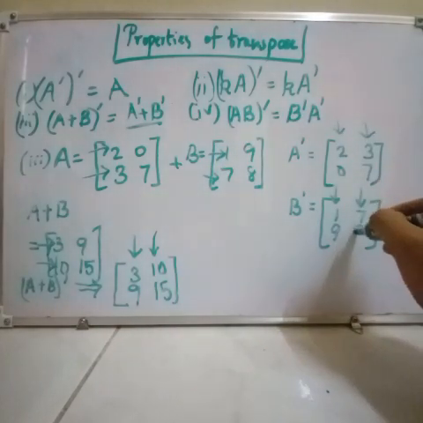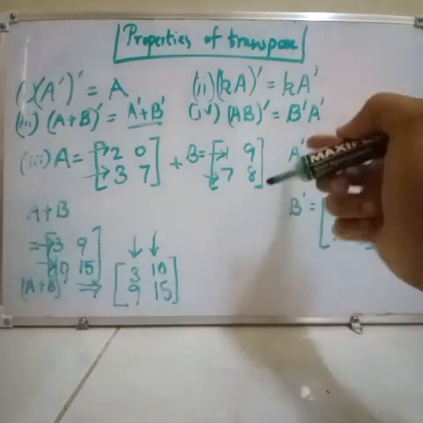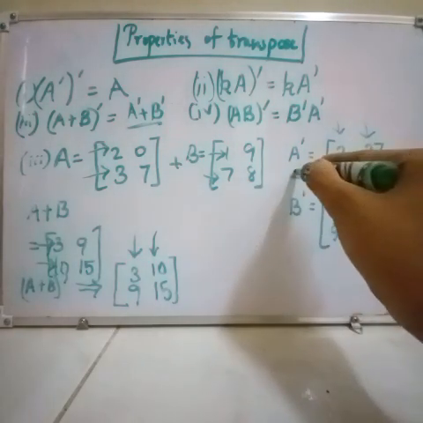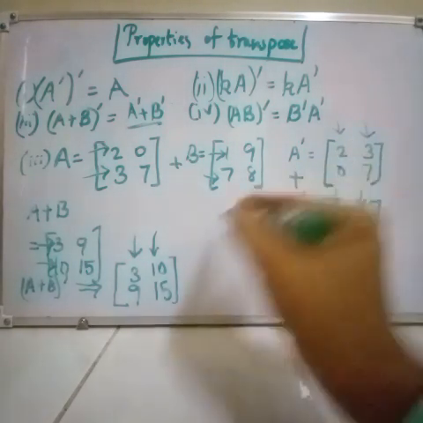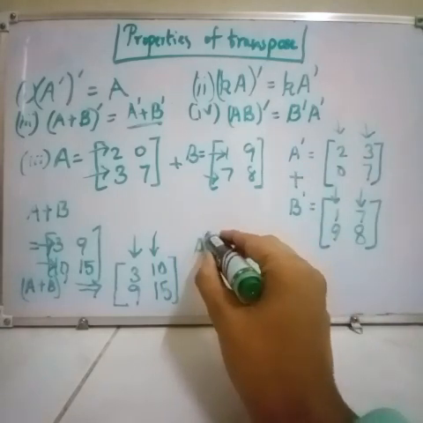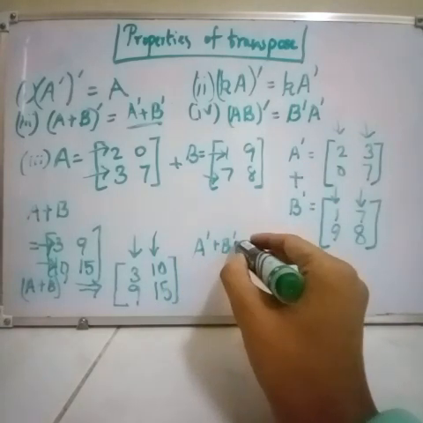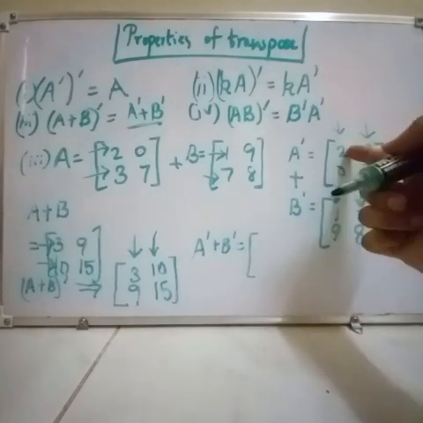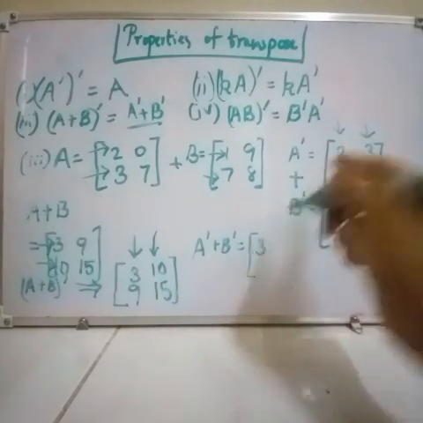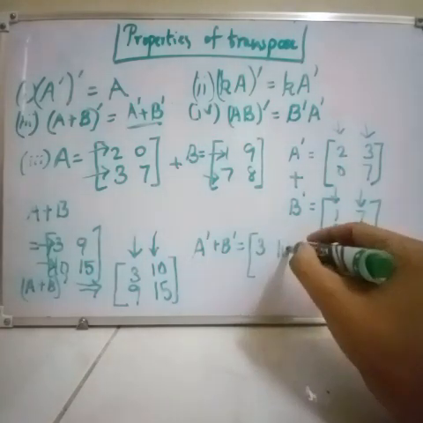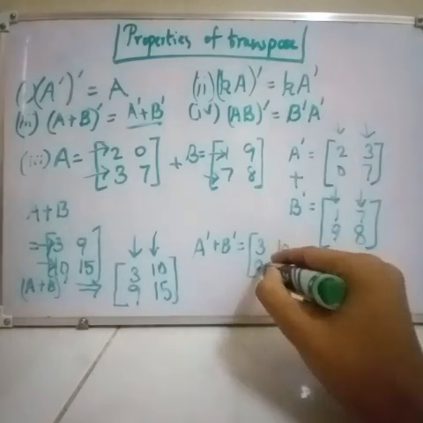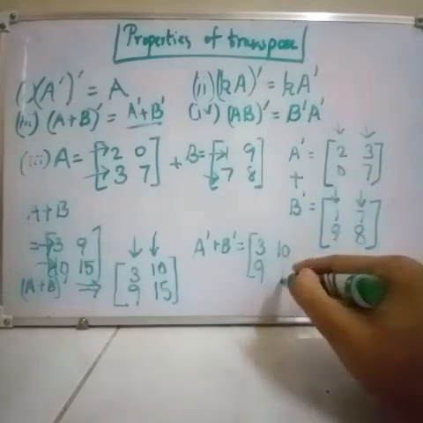Now let's add both the transposes together. 2 plus 1 would be 3, 3 plus 7 would be 10, 0 plus 9 would be 9, and 7 plus 8 would be 15.